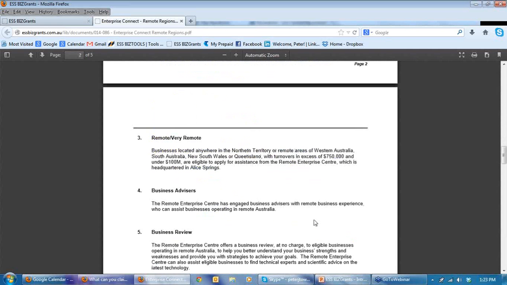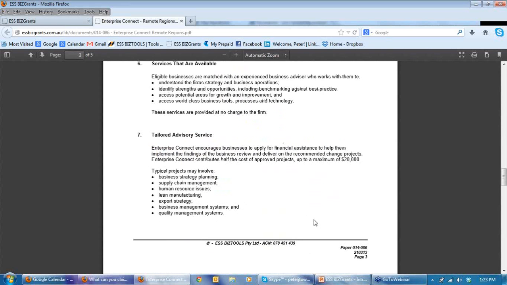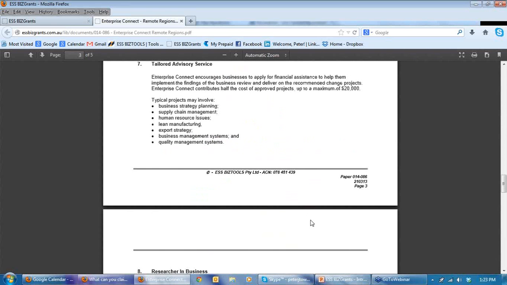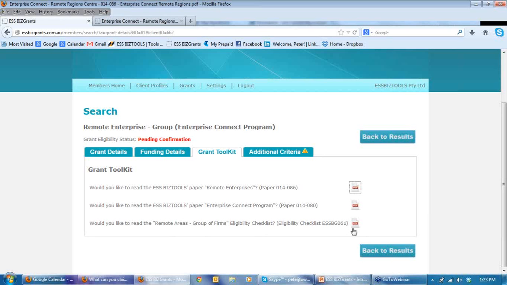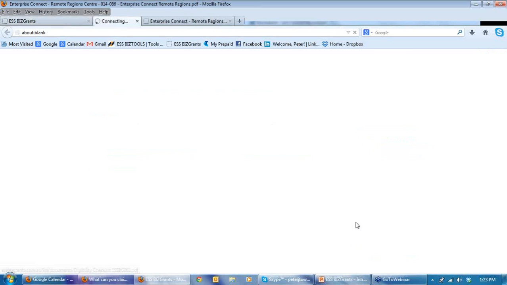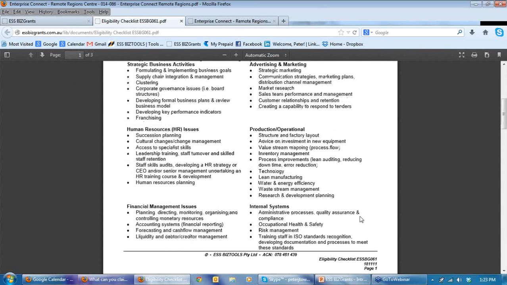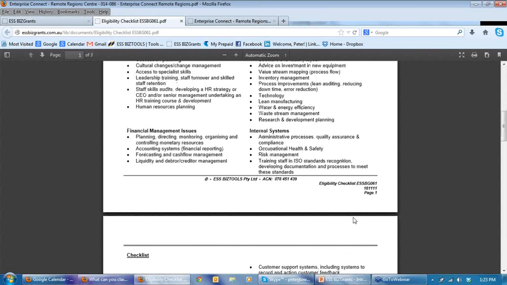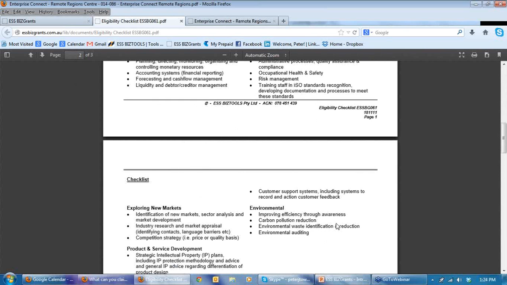So there's a paper that explains how this product works, what they can get from tailored assistance, etc. If they wanted to look at the remote areas group of firms eligibility, because under Enterprise Connect you can also have an application for a group of firms, there's another checklist there that you might wish to use.